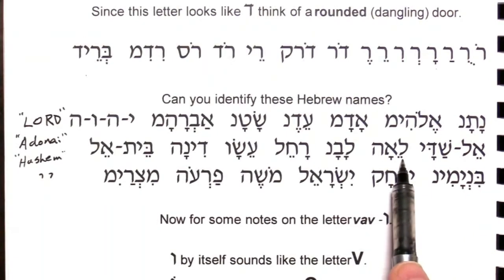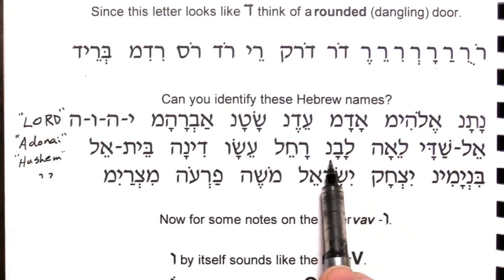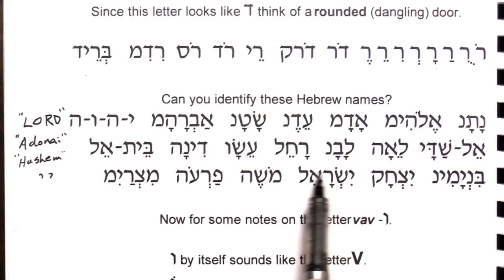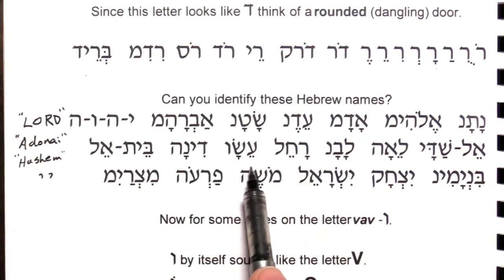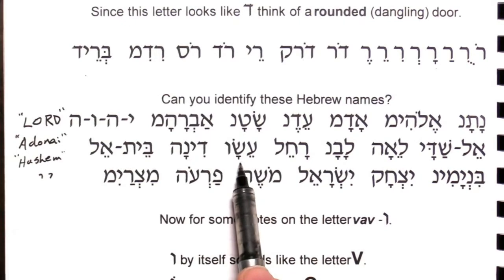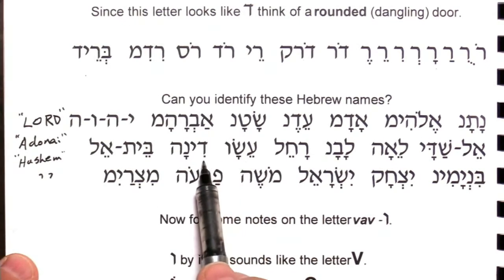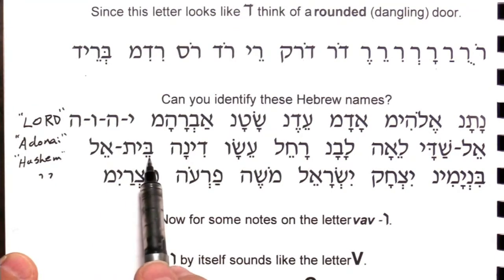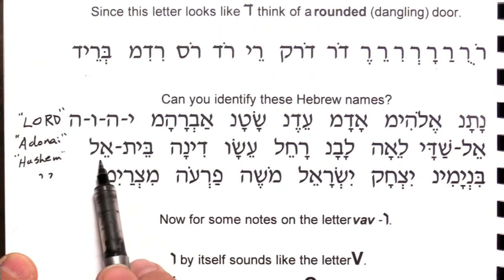Leah, who was Rachel's sister, one of Jacob's wives. Lavan, or in our Bibles it may be spelled out Laban. Rachel. Esav, or Esau. Dinah. Again, we have 2 words that make up a name, Beit El, or Bethel, house of God.